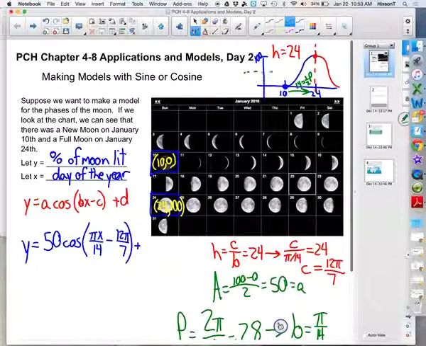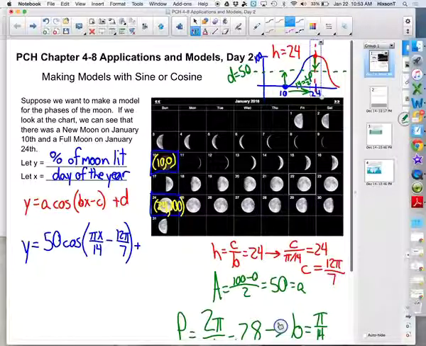It's going to go right through the middle. If the amplitude is 50, you can either go up from the minimum or you can go down 50 from the maximum. Either way, 0 plus 50 or 100 minus 50, you're going to end up with D equaling 50.